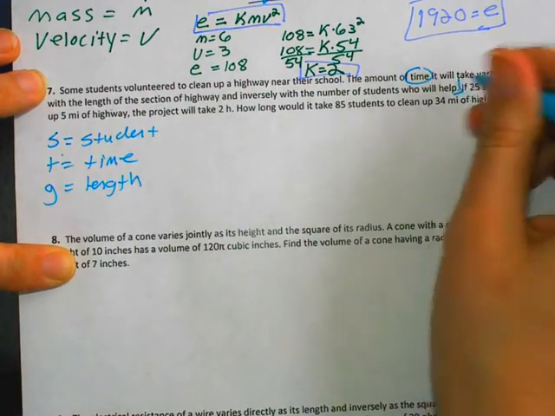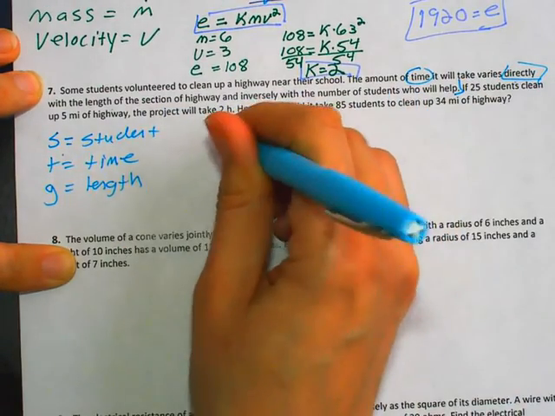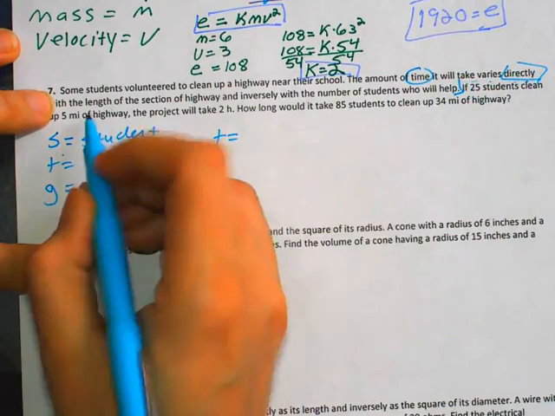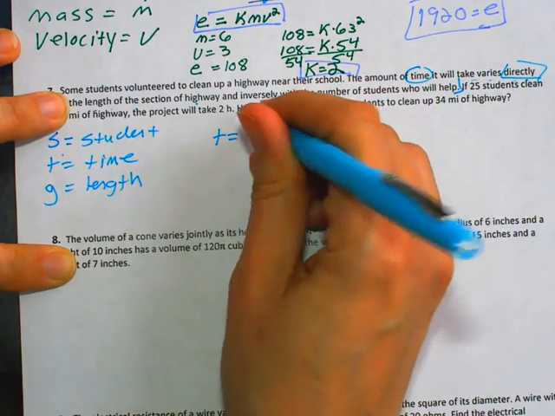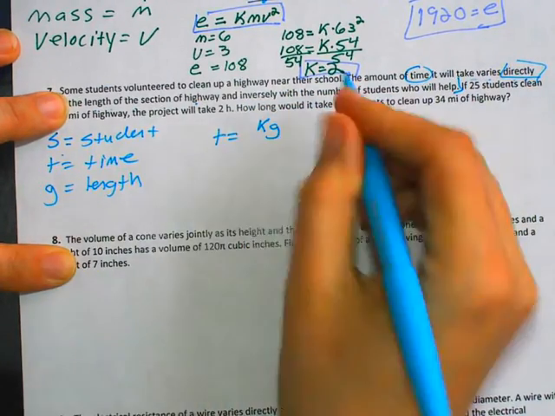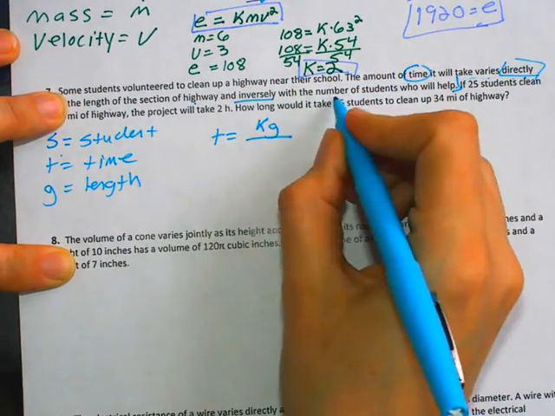Let's write our equation. So the amount of time it takes varies directly with the length of the section of the highway. So we said length of the section was G. And inversely, remember inversely, we're going to divide by the number of students.